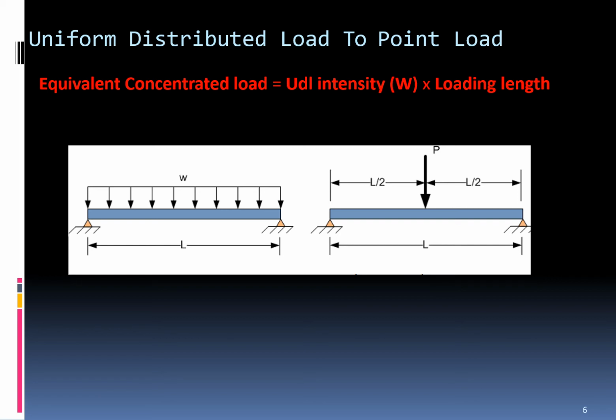So P is equal to W into L, and it is going to act at the center of L. That means from either support, it will be L by 2.